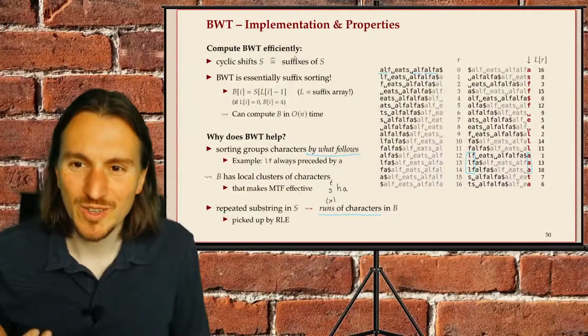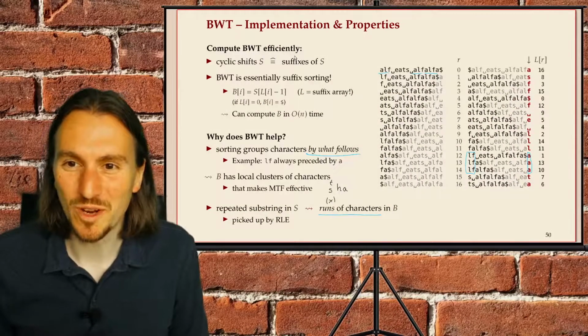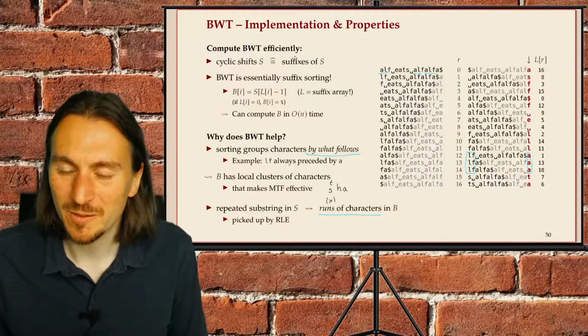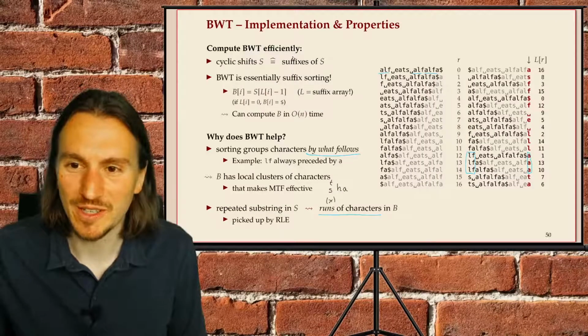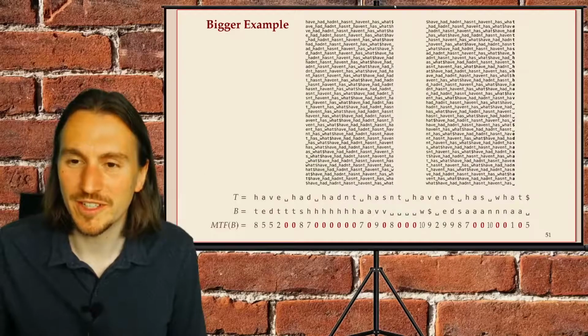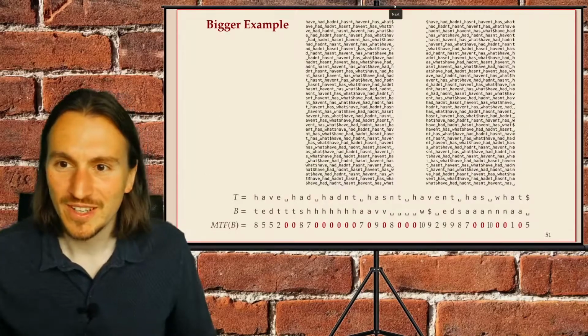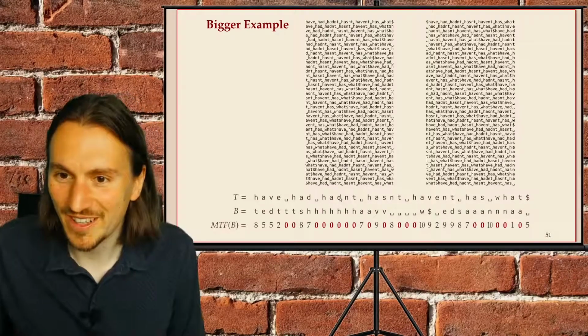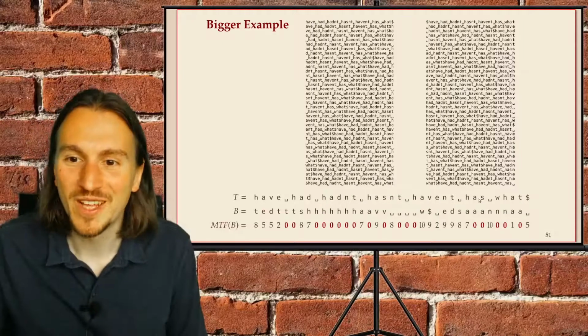So this was only a vague intuition why the BWT will be helpful for compression, but it should give you at least some indication. I want to show this on a bigger example as well. So here we have this text: have, had, hadn't, hasn't, haven't, has, what.